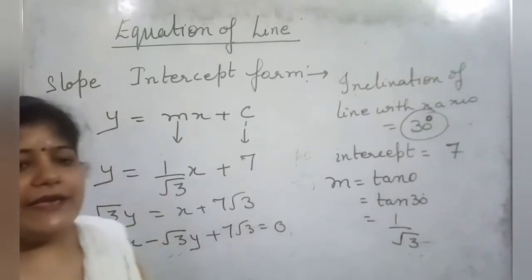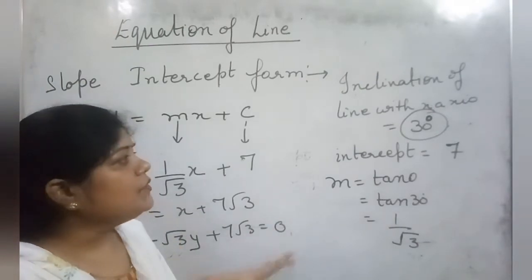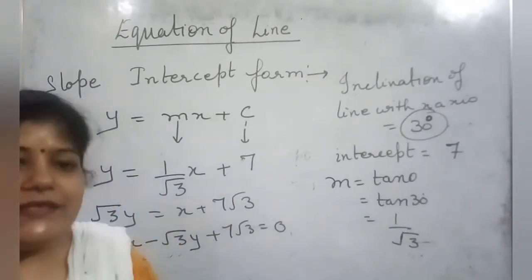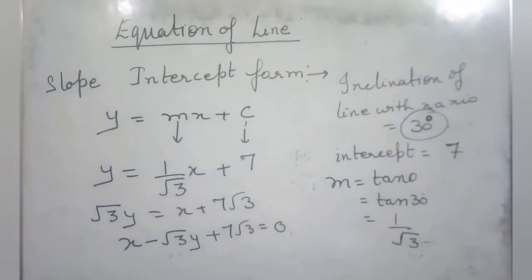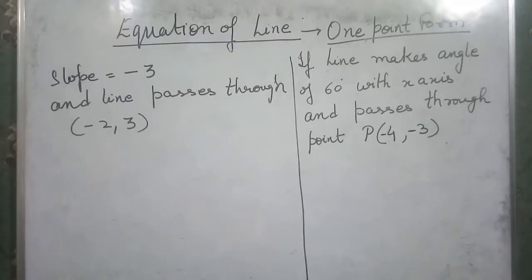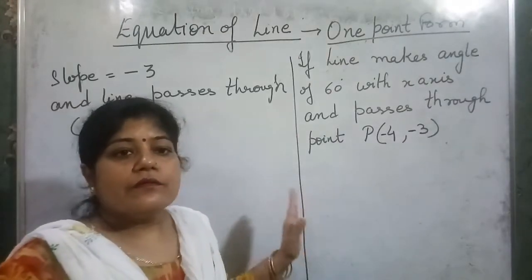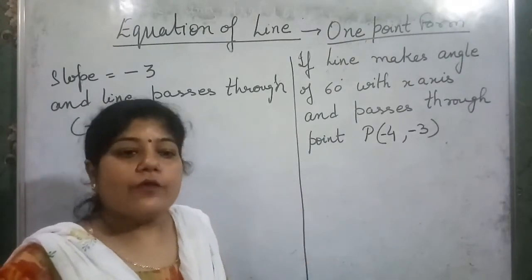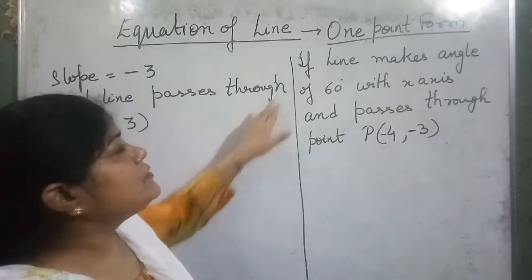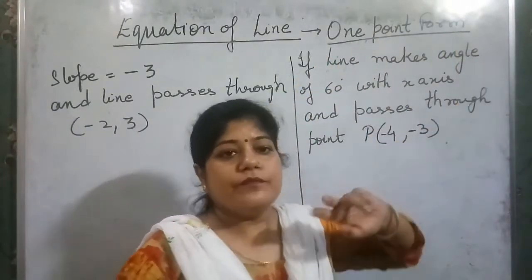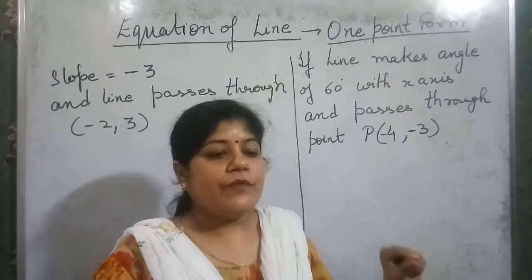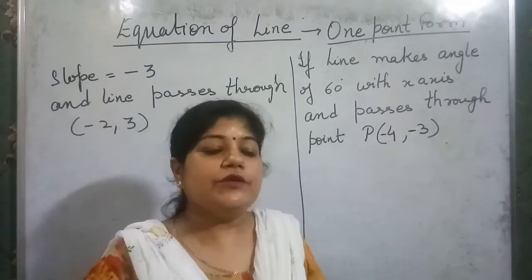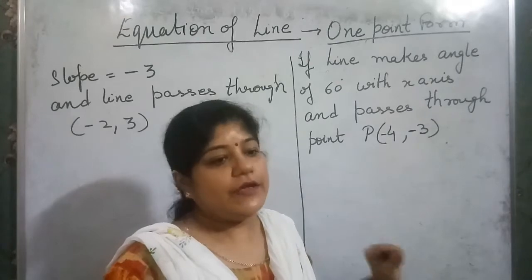Now the second case I am going to discuss with you is when one point is given to you and you have to find the equation of the line. This is known as one point form. That is, the line is passing through a point and you have to find the equation of the line for different cases.